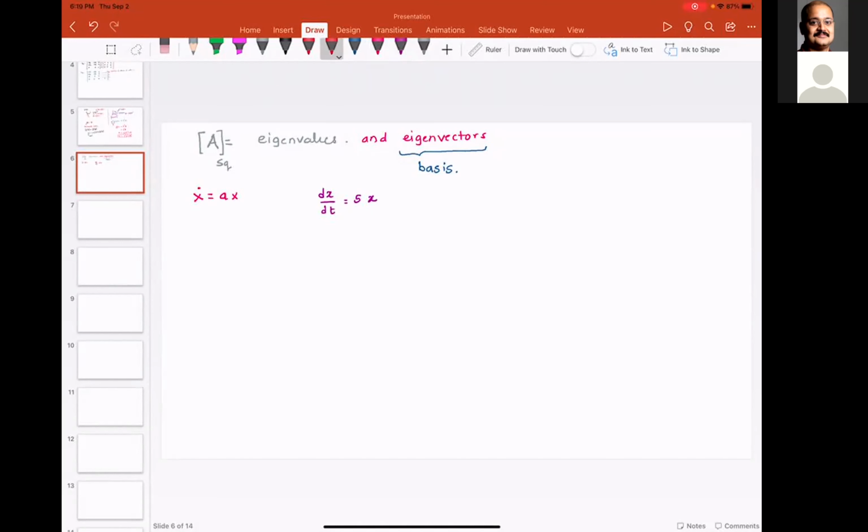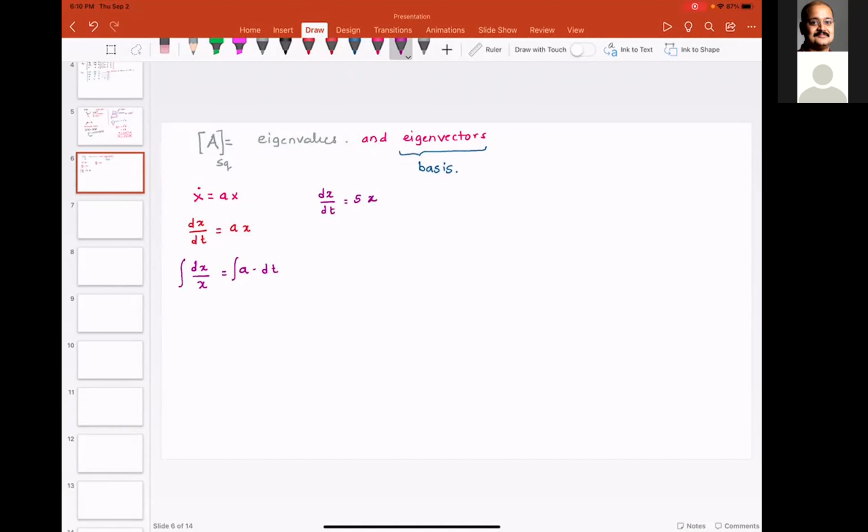This problem can be solved as something like dx over dt is equal to a times x, and a is just a number. In this case, a is 5. So I would write dx divided by x is equal to a times dt, and then I'm going to integrate the left hand side and right hand side.